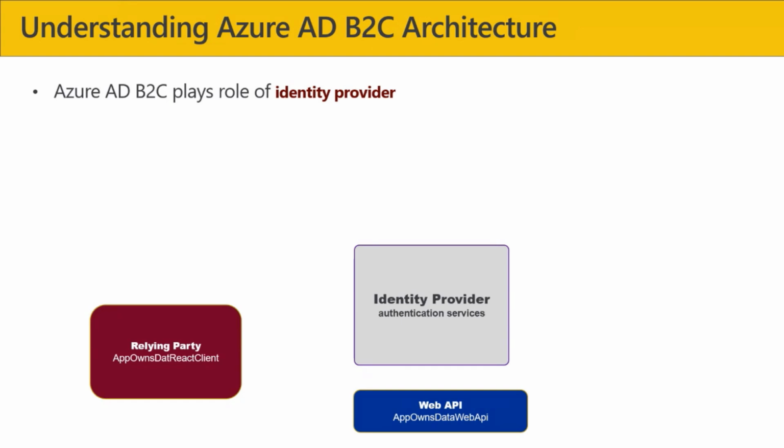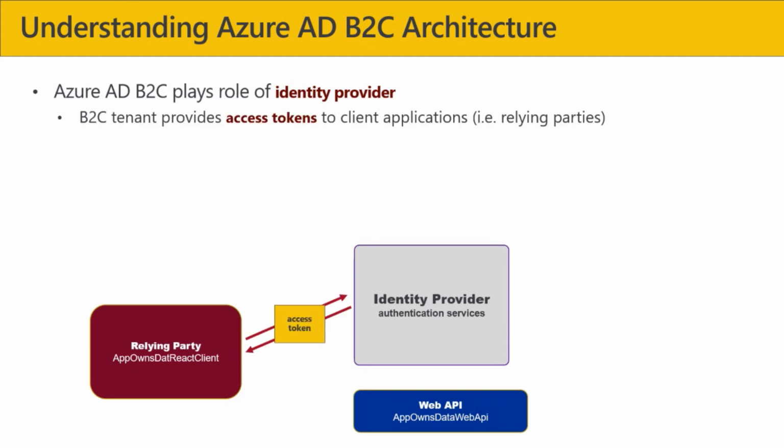And that's a term that all the security geeks use as we're talking about these security protocols. But your application, the relying party, is going to begin by calling to the identity provider and basically getting an access token. And then once we get the access token, your application is then going to transmit that access token each time it calls that web API.